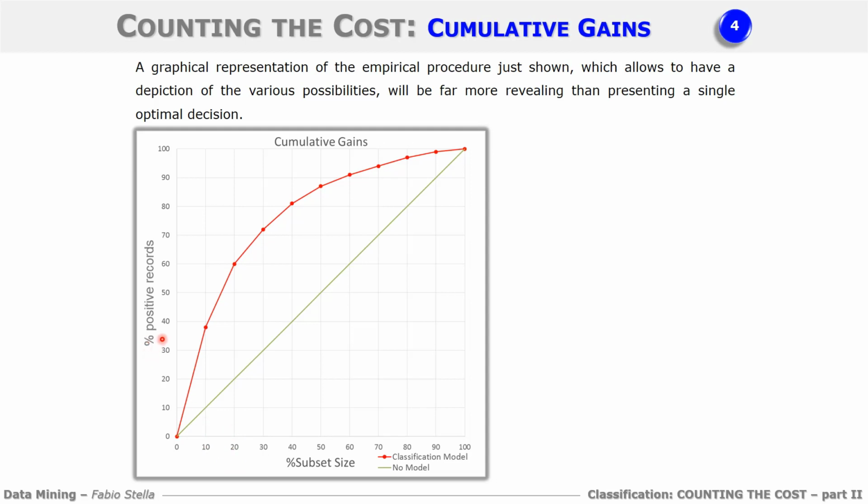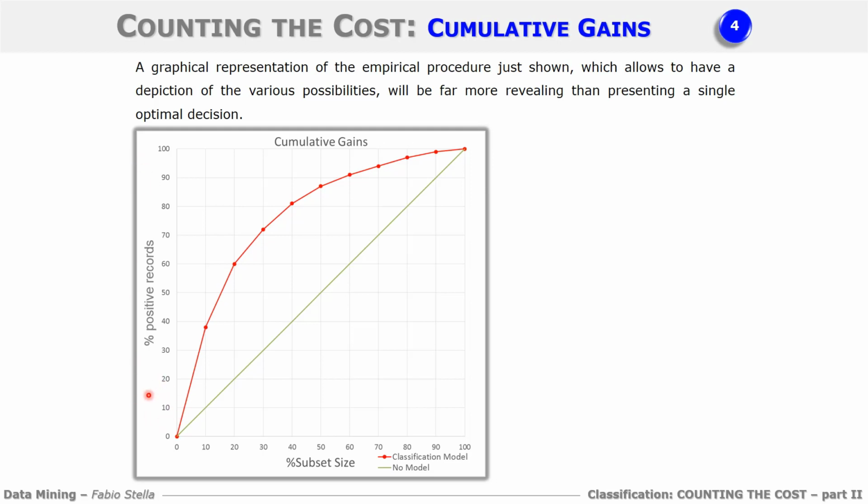The y-axis is instead associated with the percentage of positive records. To clarify its meaning, we simply assume, for example, that out of 1,000 customers of the original set, 200 are positive records.